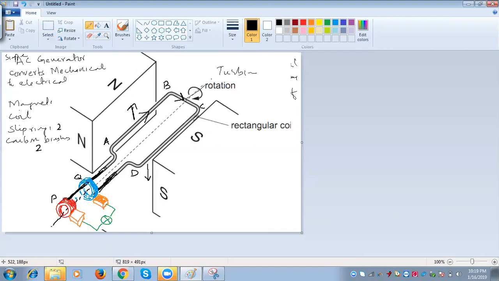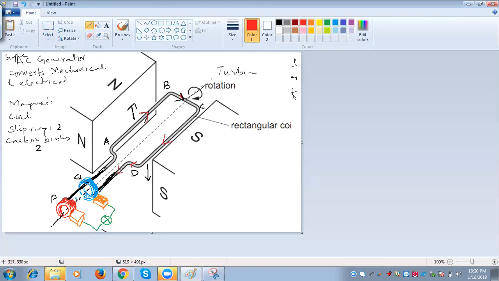Now apply Fleming's right hand rule to side CD. Side CD is moving down, so the current is outward. Are you getting the current in side CD in this direction? Yes, C to D, this way the current will flow.